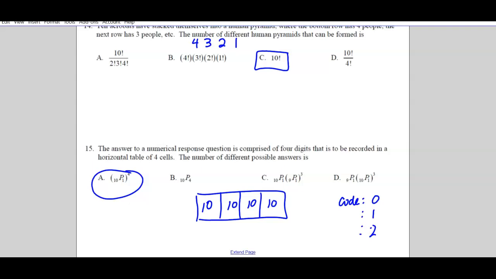How do you say that? I might just say 10P4, or 4 permutations of 10. 10P1 has a value of 10. Anyways, it's 10 to the 4th. There's 10 digits, and you're arranging 1 in each box.